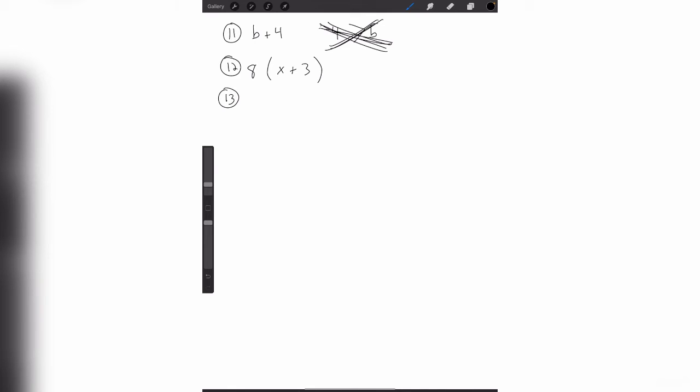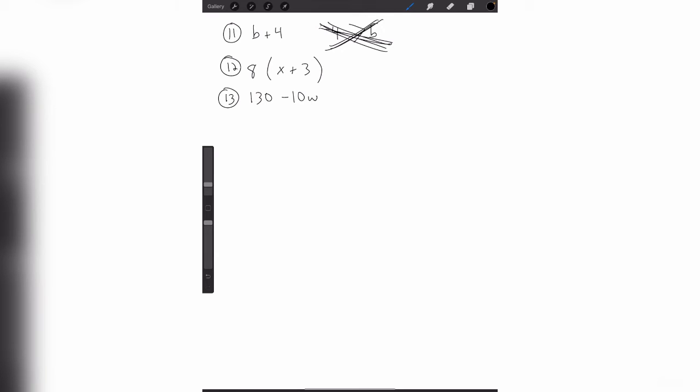Number 13 says write an algebraic expression that models each situation. Jenny had $130, but she's spending $10 a week. If you're spending money, that means you're losing money.